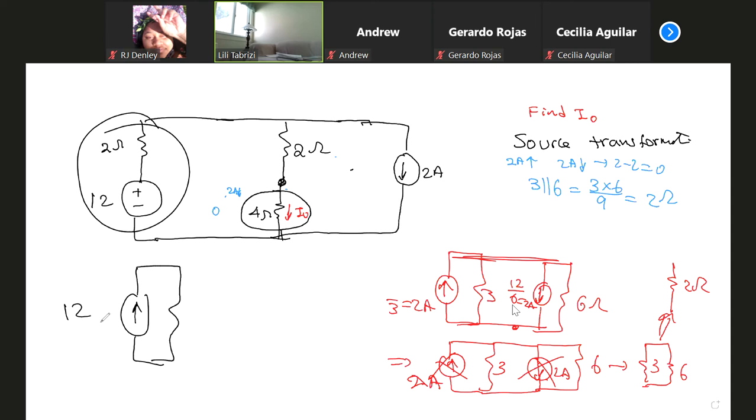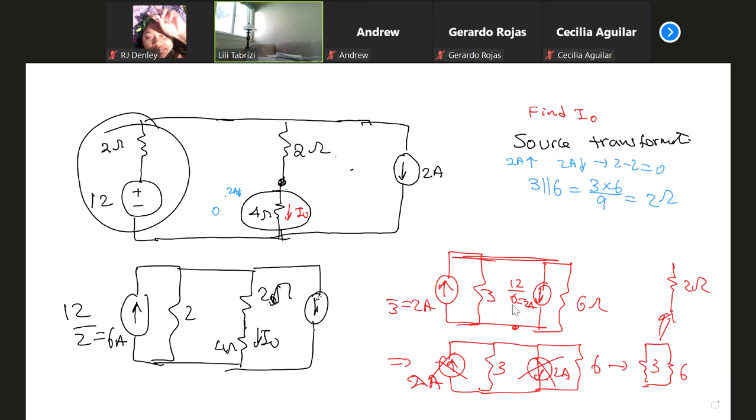It's 12 divided by 2 equal to 6 amp and 2 ohm. 2 ohm, 2 ohm, 4 ohm, I0, and 2 amp. I still have this one. 6 amp up, 2 amp down.